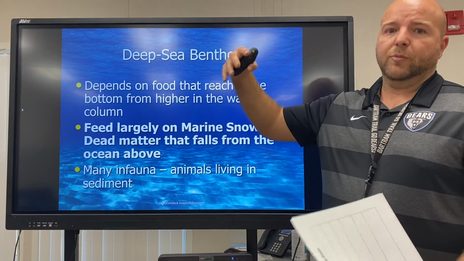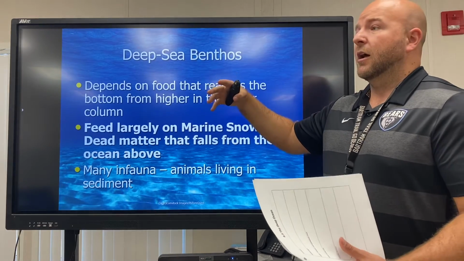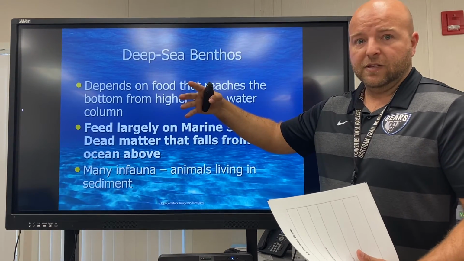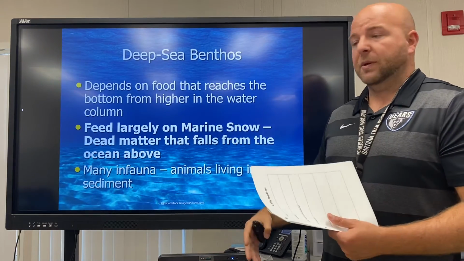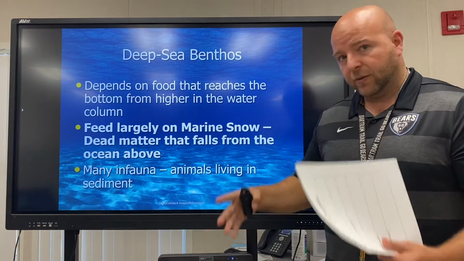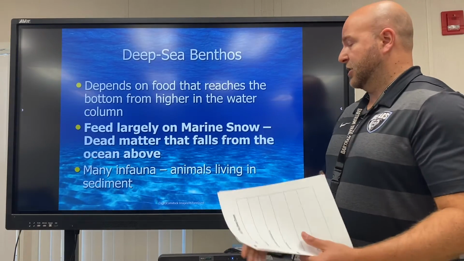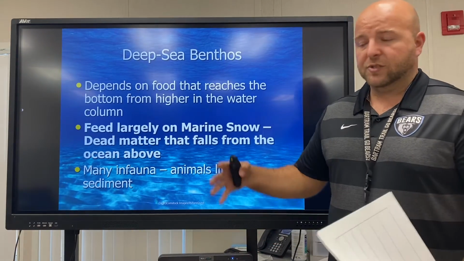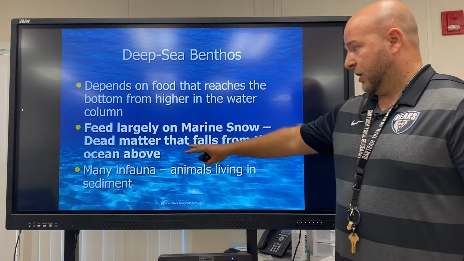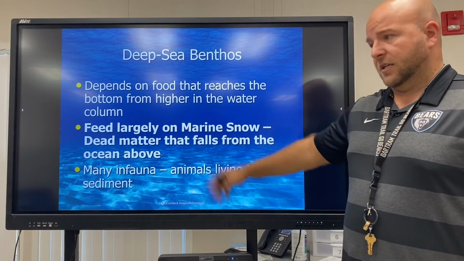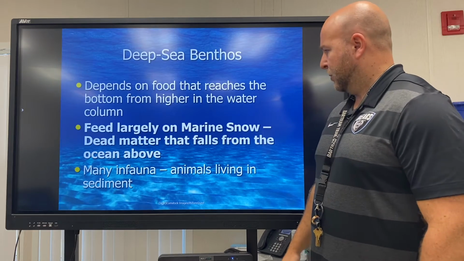A shark or a barracuda or whatever it may be eats another organism, the pieces fall off, and maybe somebody else takes a bite along the way and pieces fall off, and eventually what you're typically left with are pretty small pieces that float to the bottom, and our bottom dwelling creatures in the deep sea tend to live off of that marine snow.